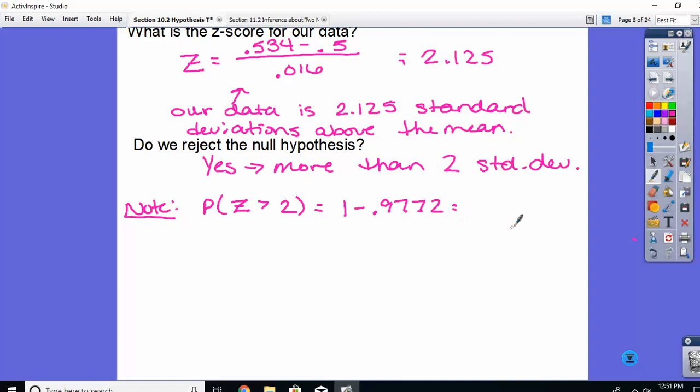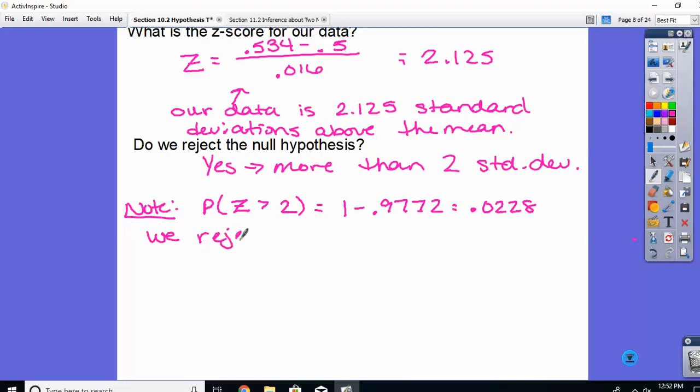So the probability of being more than 2 standard deviations above the mean, there is only a 2.28% chance that you would be above that. So if I'm 2.1 standard deviations, I know there's less than a 3% chance that that happens. So is that unusual? Yes. That is tying it back into what we did before. If you're looking at the probability, that is unusual.